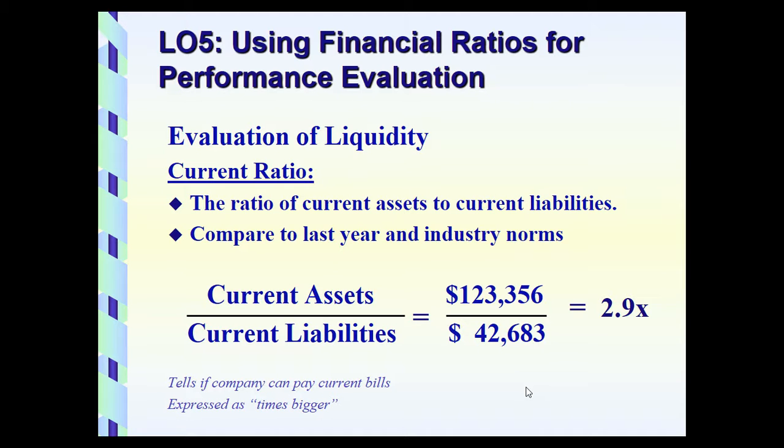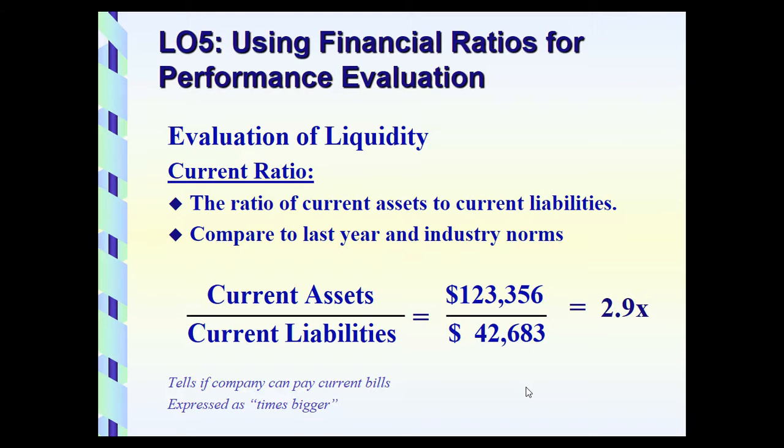And in this particular case, the current ratio is also expressed as times. So in this case, we see that our current assets are capable of covering our current liabilities by 2.9 times. And that's a very comfortable margin. We look for this particular ratio to be greater than 1.